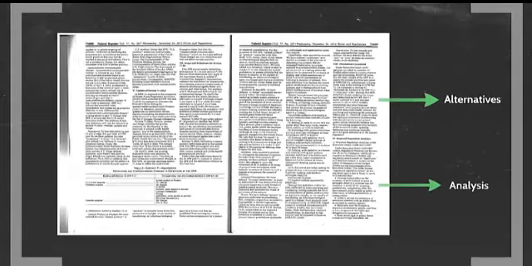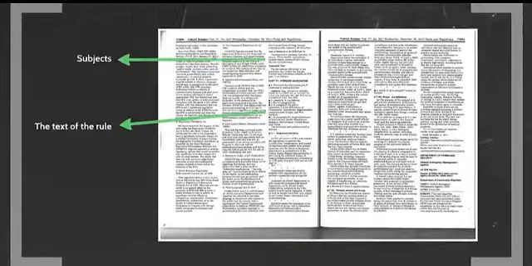And agencies have to consider alternatives and explain why a new rule or modification of an existing rule is necessary. They must also perform a cost-benefit analysis per various acts and executive orders. And next there's a list of subjects that are found in the particular CFR that will be affected by this rule. And finally we have the actual text or the amended text of the rule.